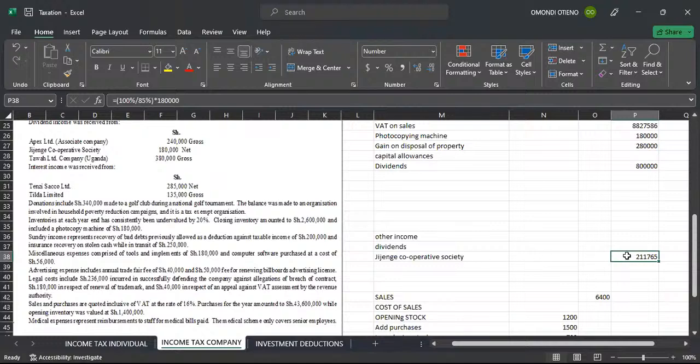That original value, we are adding it here because we deducted the entire amount.